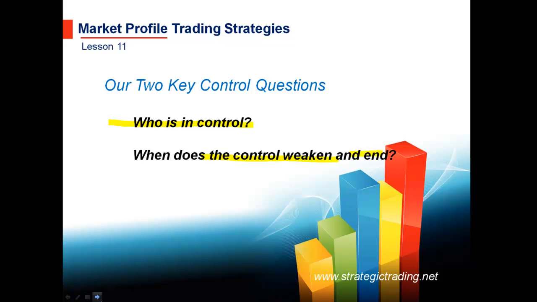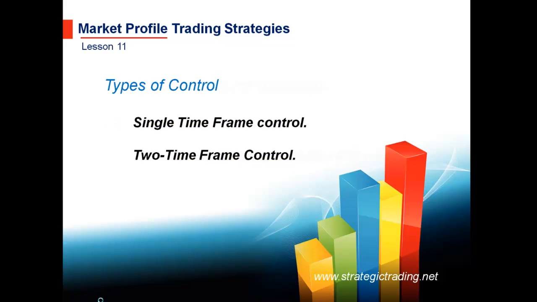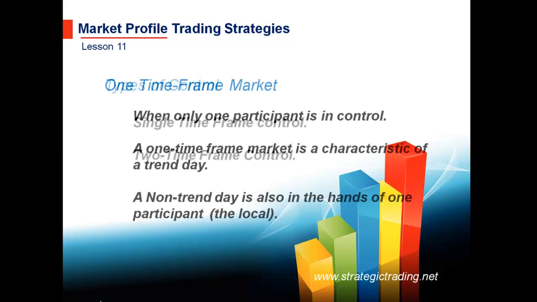All right, so how do we find out who is in control? First of all, we know that we can have single time frame control, where one of the two, either the other time frame trader or the short-term trader, is in control, or we can have both of them exercising control in the market, both the short time and the other time frame trader.